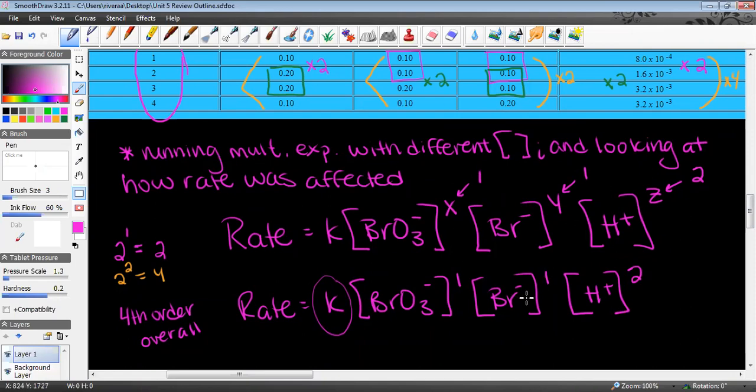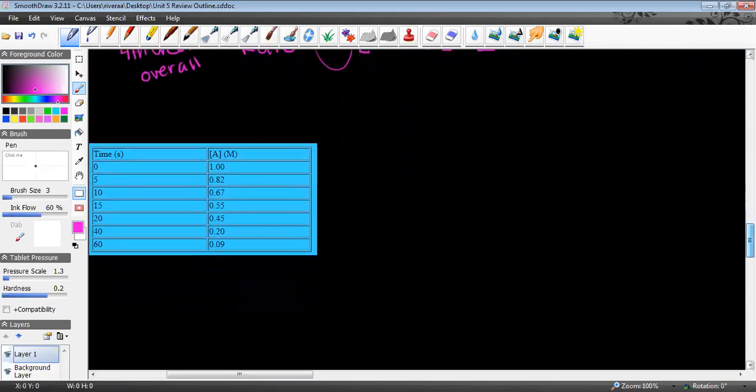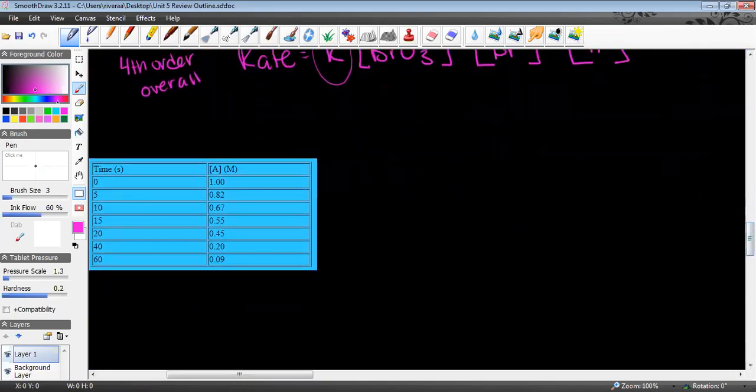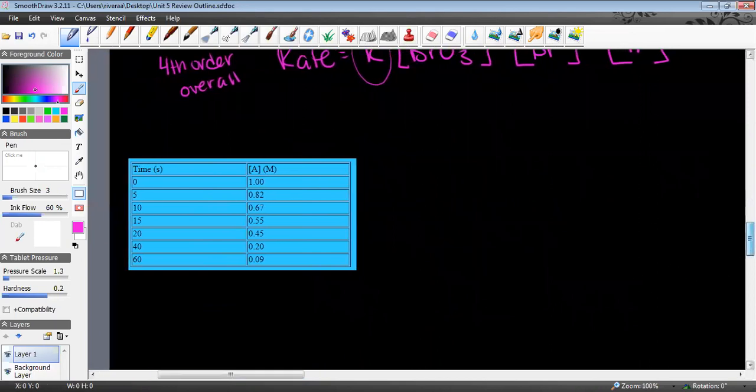There's another way, though, to figure out rate law, and that is by running one experiment and watching it change over time.